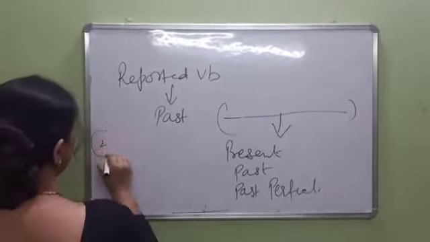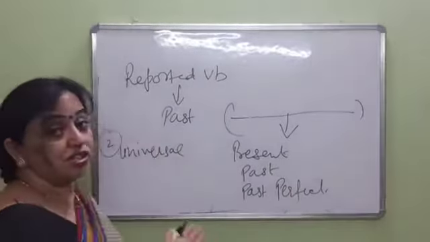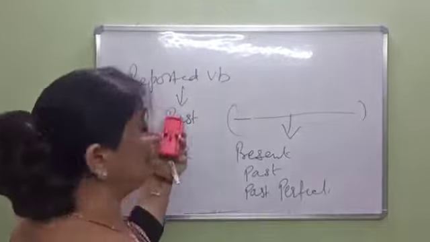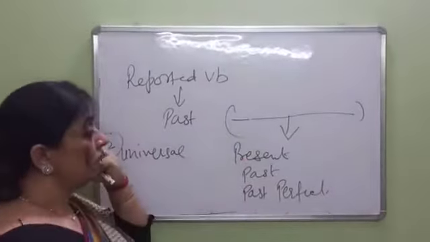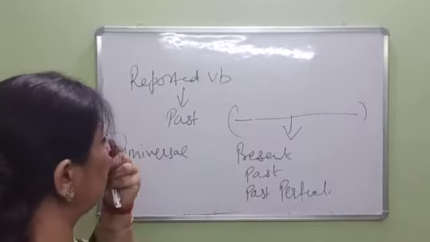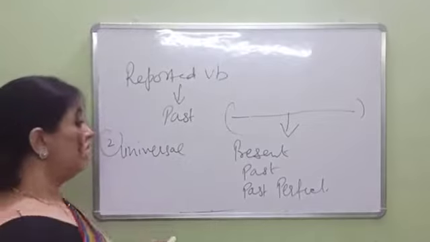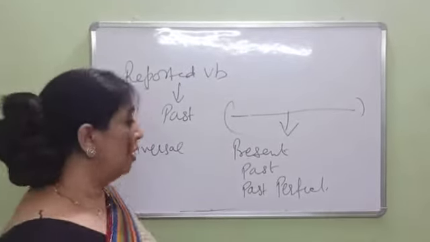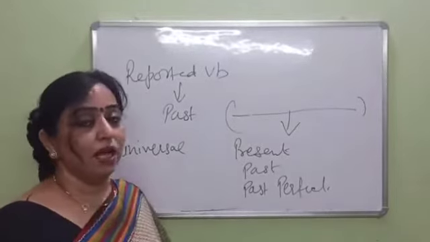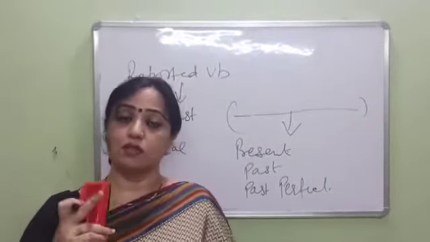Then we have done the second point: universal truth and habitual action never change, whether the verb is in present, past or future. Then we have done interrogative forms, when you are given a question having a proper answer, and when you have to write the question starting with a modal verb. In detail about interrogative, imperative and exclamatory sentences we will do.